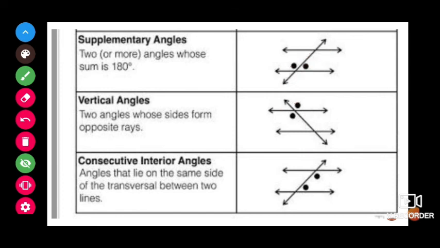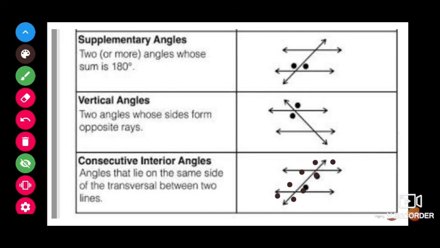Next, consecutive interior angles. This is also called allied angles. Here, children, we can take exterior and interior also. If we take this, both are interior allied angles: same side and also interior. This side also we can take. These two we can also call interior allied angles. Exterior allied angles are this and this, and even this and this.